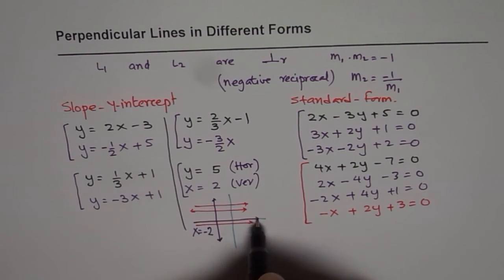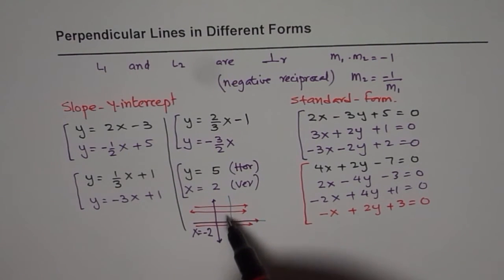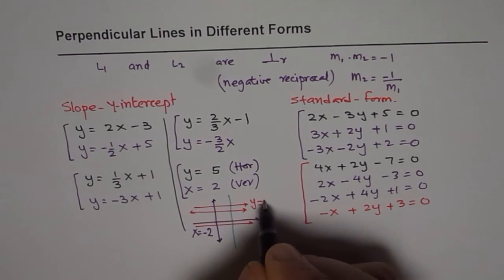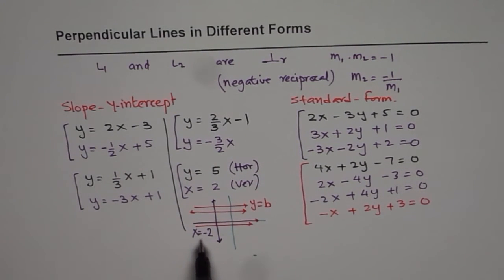Even the x-axis is perpendicular. So every horizontal line whose equation will be y equals, let us say, b, will be perpendicular to the given vertical line. In general, if we have a horizontal line, then all vertical lines will be perpendicular. So we can get the equation of a perpendicular line.